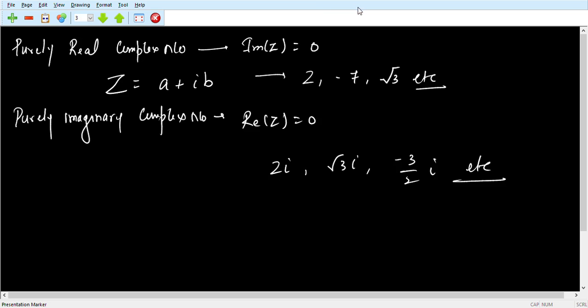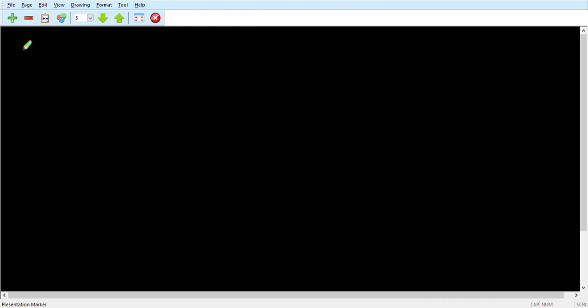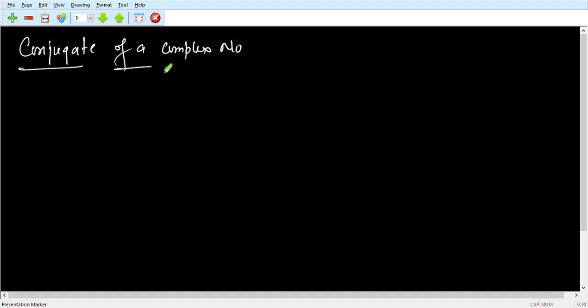How are we going to write the conjugate of a complex number? Let us suppose I am having a complex number z that is equal to a plus iota b.